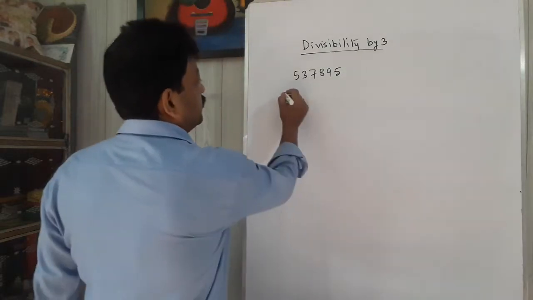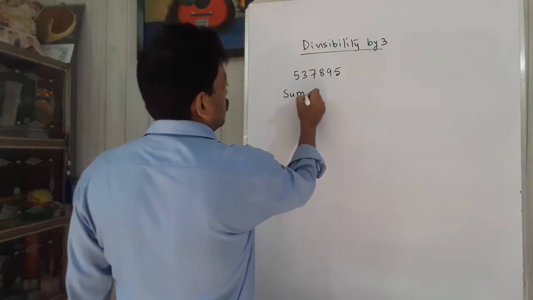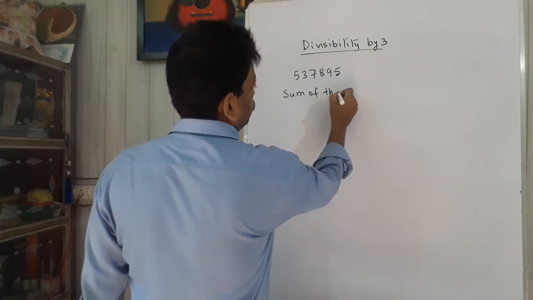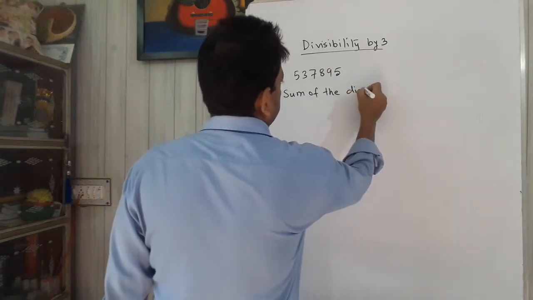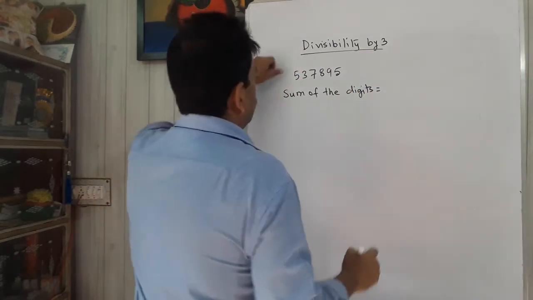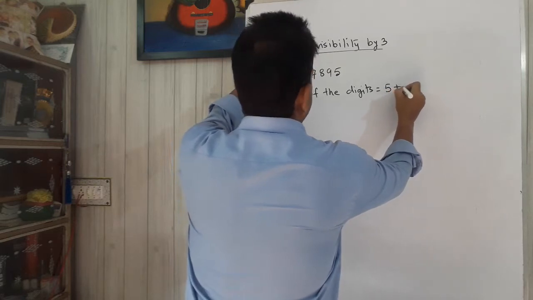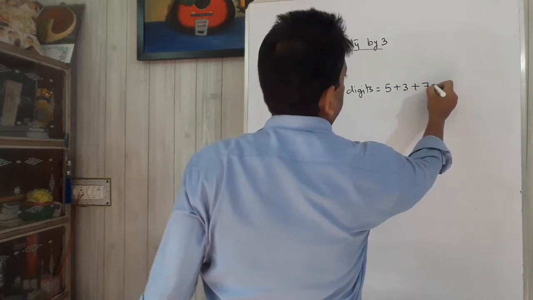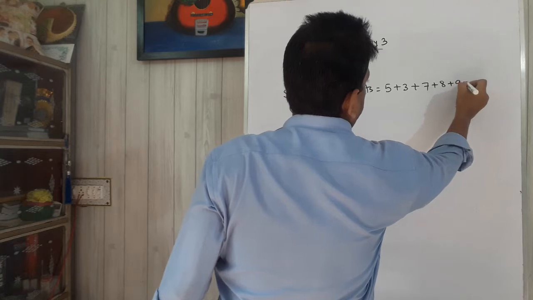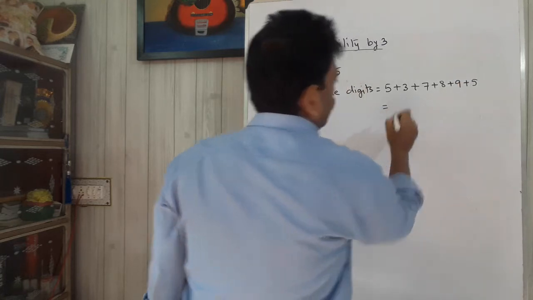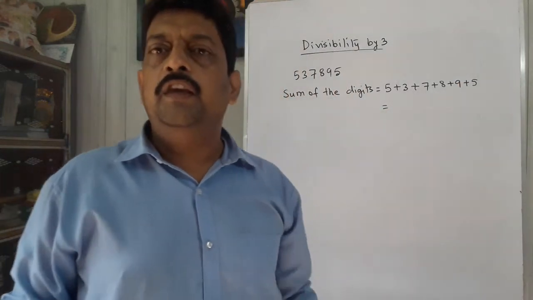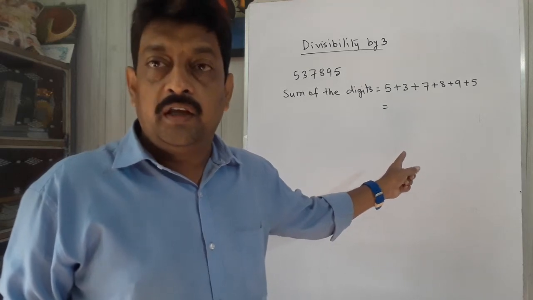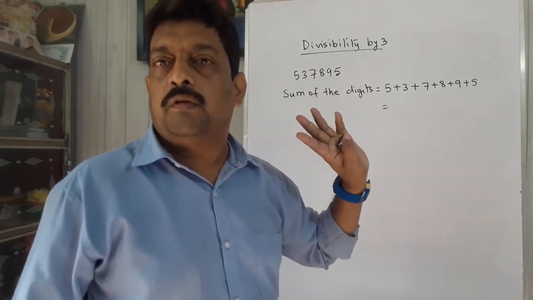Find the sum of the digits. So it is 5 plus 3 plus 7 plus 8 plus 9 plus 5. The rule says if the sum is divisible by 3, then the given number is also divisible by 3.